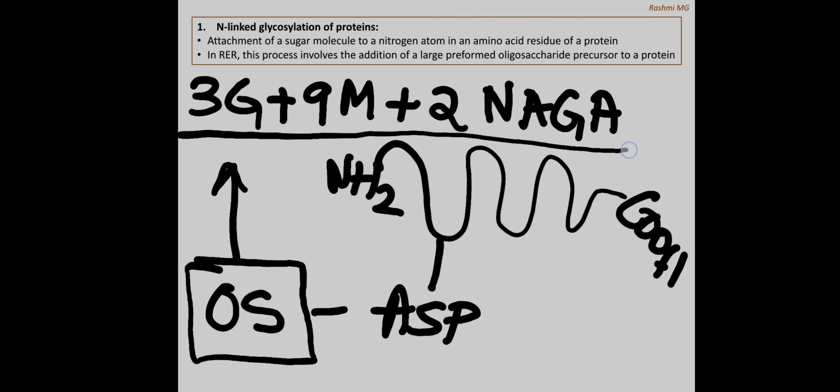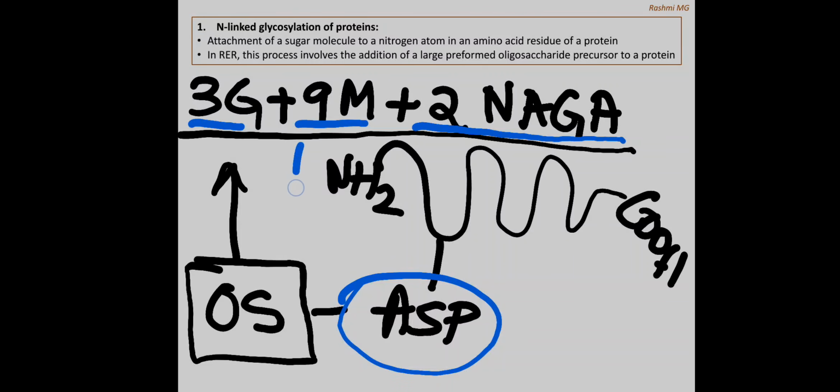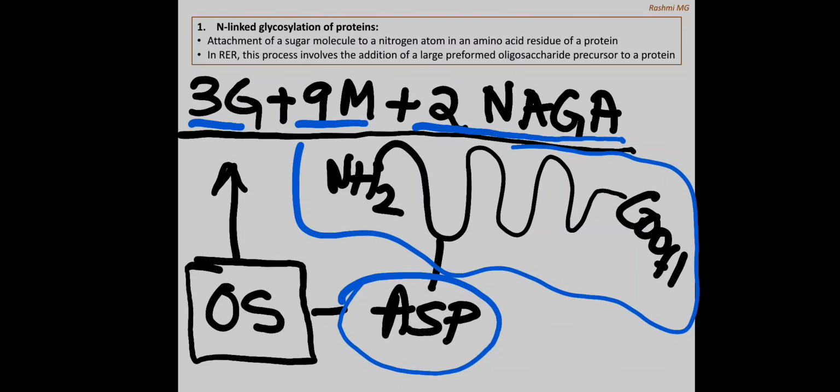Just remember this: all the precursor oligosaccharide is made up of 3 glucose, 9 mannose, and 2 N-acetyl glucosamine. This whole thing is known as the oligosaccharide precursor, or preformed oligosaccharide precursor, which attaches to the asparagine side chain of a particular protein.